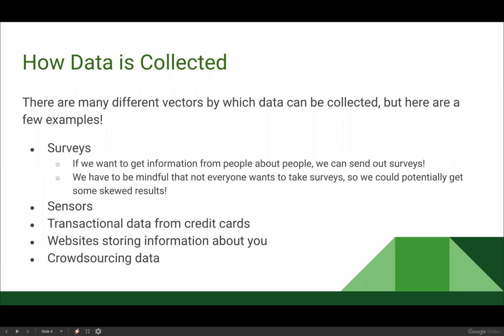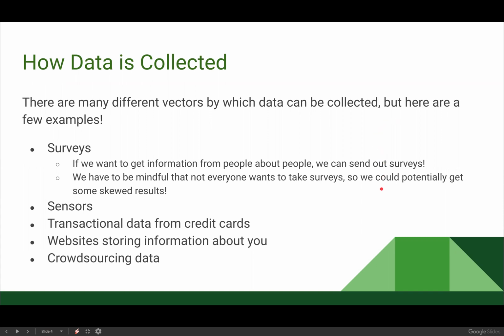Keep in mind that not everyone wants to take surveys. They take time out of your day. So it's possible that we could get skewed results, where only people who want to respond to a survey would respond. So just keep that in mind while you're working with surveys, but surveys can be a great way to gain a lot of information about people.